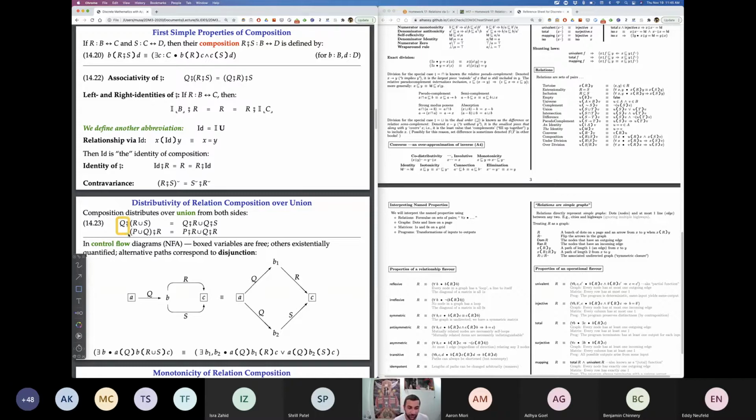So if I do Q and then I decide to do R or S, that's the same thing as doing Q and then R or Q and then S. Right, it's like multiplication distributes over addition, right? And I'm here and then I get to B, and then I can decide I can do R to get to C or S to get to C. So really I have the top option or the bottom option. Okay.